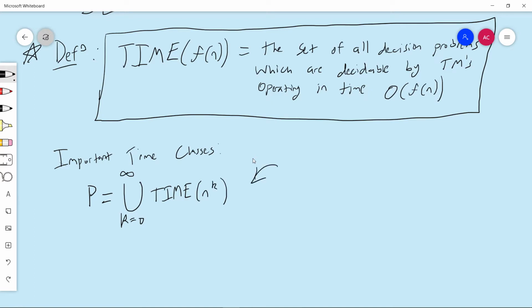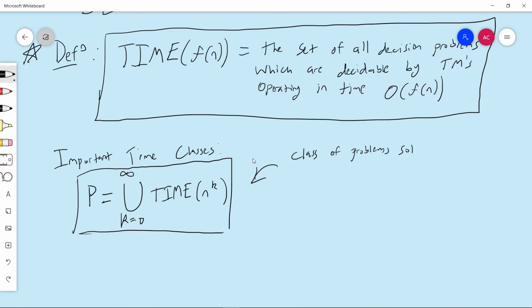And so really what this means is it's the class of problems solvable in polynomial time, right? If you're n to the k for any k, it's the union of all of these different time classes.